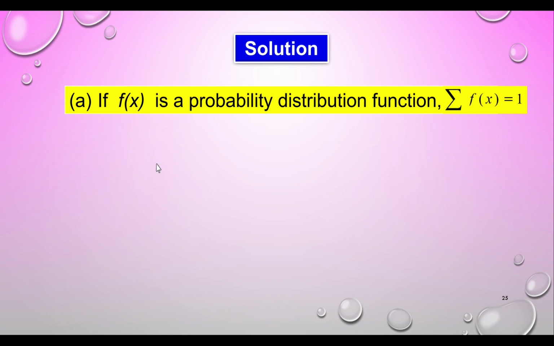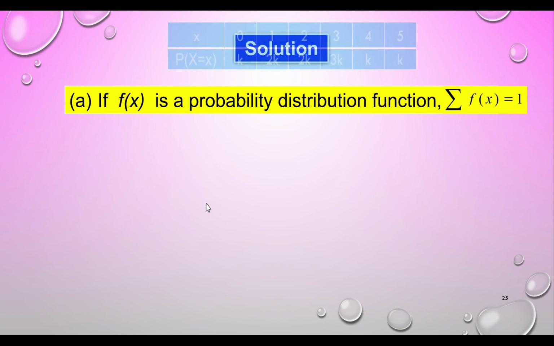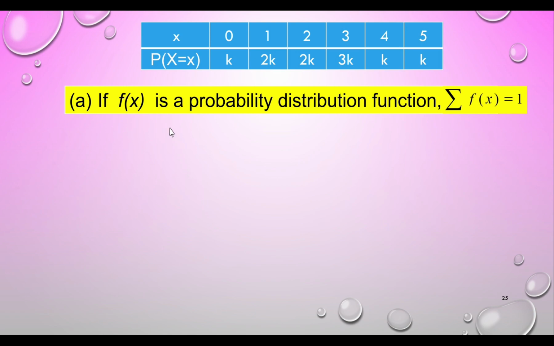Okay, we know that the sum of all the probabilities is equal to 1. So, from the table given, we get P(X equal 0) is k, P(X equal 1) is 2k, P(X equal 2) is 2k, P(X equal 3) is 3k, P(X equal 4) is k, and last, P(X equal 5) is k.